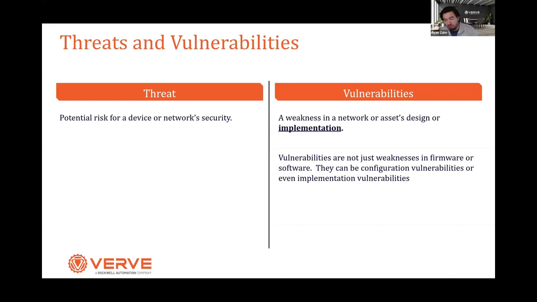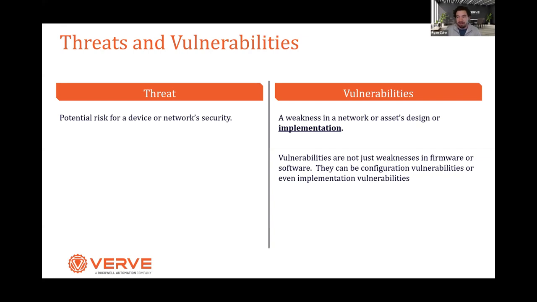And then vulnerabilities. So a lot of times when we hear the word vulnerability, we think CVE, right? We think, oh, somebody released a new CVE or this new exploit or this malicious intent. So that is true, right? That is a vulnerability, but another way to look at vulnerability is the weakness in a network or asset's design, right?